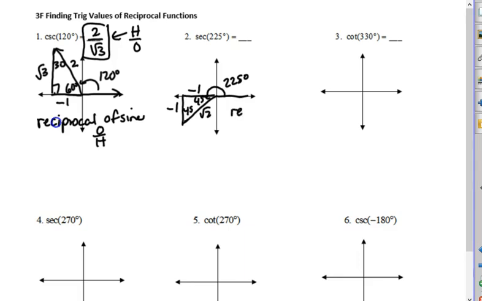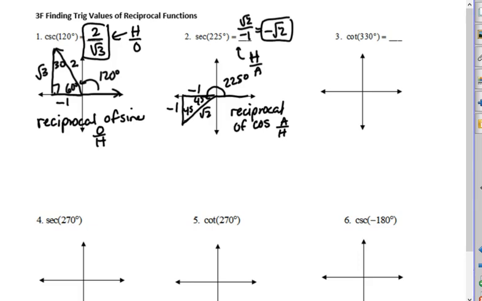Secant is the reciprocal of cosine. We know that cosine is adjacent over hypotenuse, so this has to be hypotenuse over adjacent. So the hypotenuse is the square root of 2, the adjacent side is -1, so this is negative, or square root of 2 over -1, or negative square root of 2.